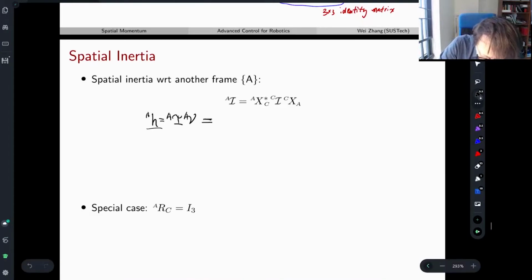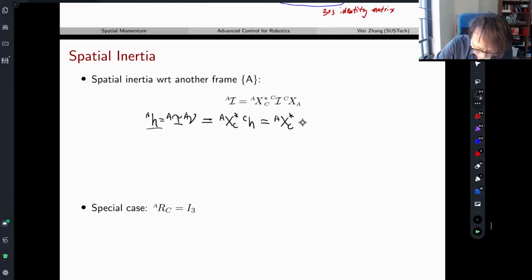we know the change of coordinate for H, right? So that will be from C to A star times H of C. Okay, and then X C to A star times H of C, where H will be IC, the spatial inertia matrix in C frame, times the twist in C. Right?